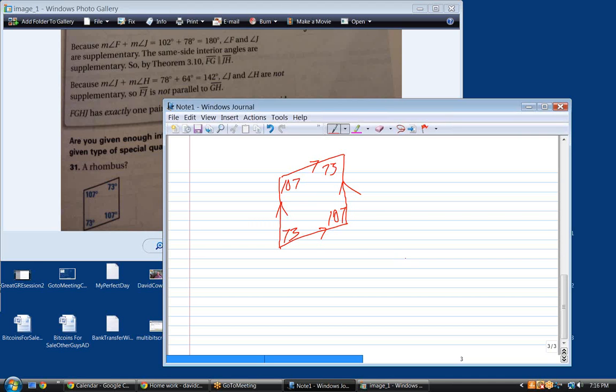However, notice that just because those angles make this a parallelogram, which they do, it doesn't have to be a rhombus. In other words, I don't know whether this side is equal to that side.